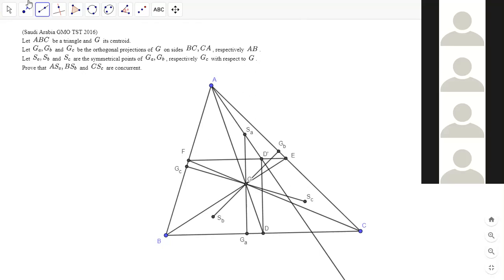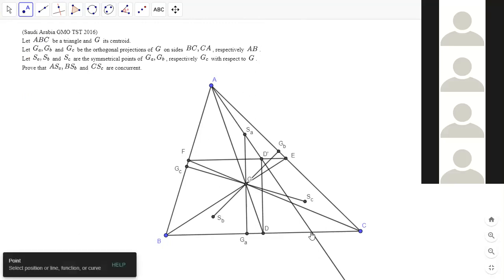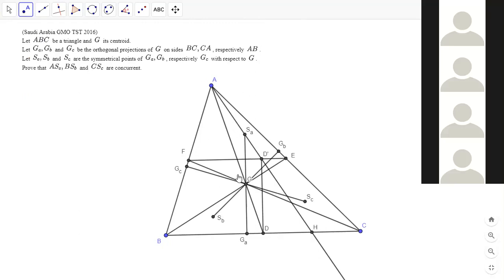This actually shows the proof pretty clearly, because BH over HC is the same as FD prime over D prime E. If DD prime, FF prime, and EE prime concur by Ceva, then the product of those three ratios equals 1, which would mean the same for BH over HC.